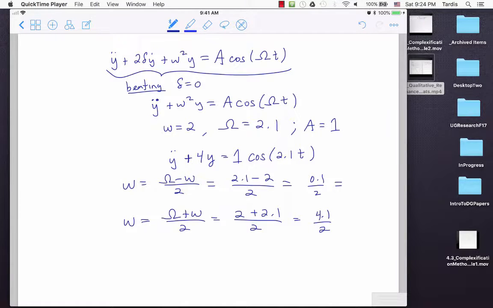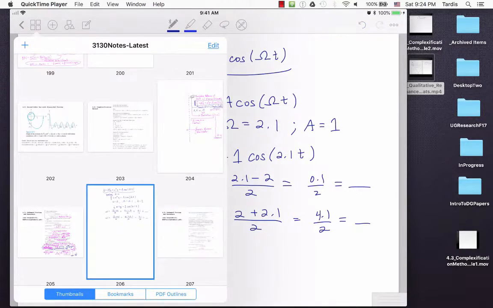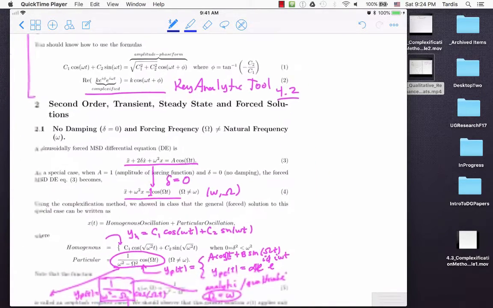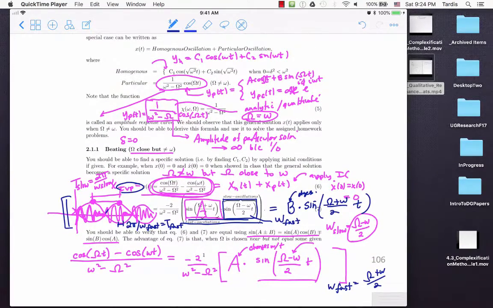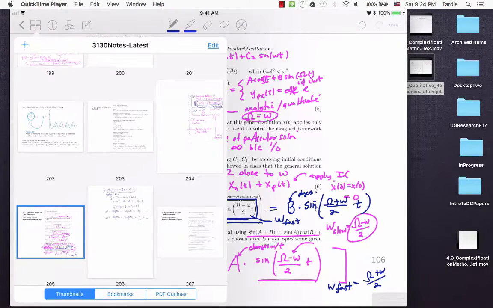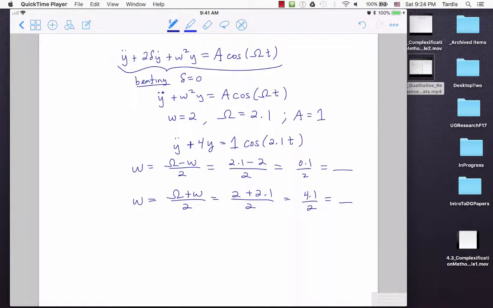You can convert these into numbers. We were calling one of them the slow and one of them the fast. The fast was the omega term with the plus. So we're going to call this right here omega fast, and this term would be omega slow.